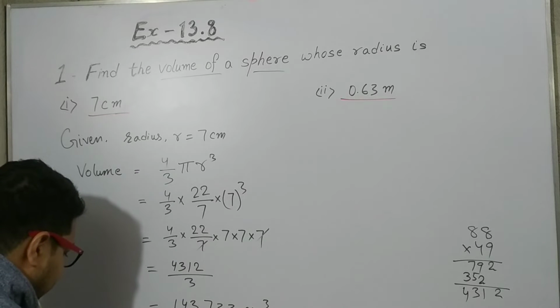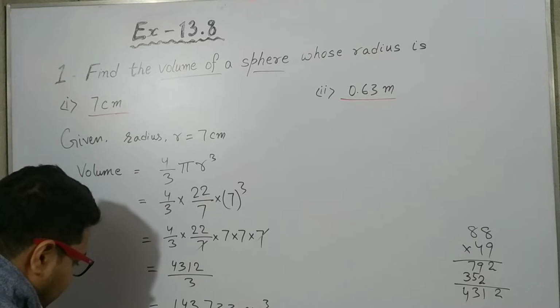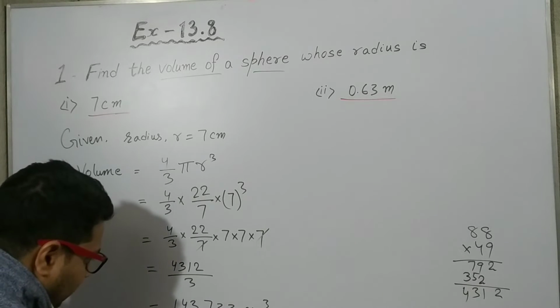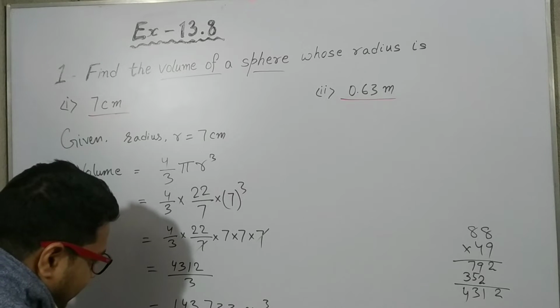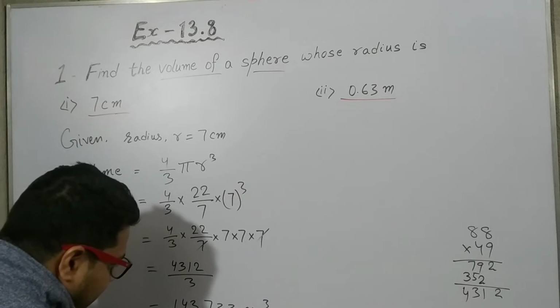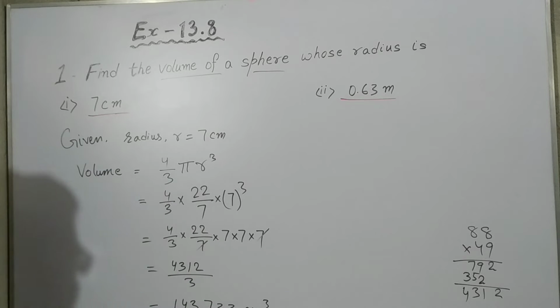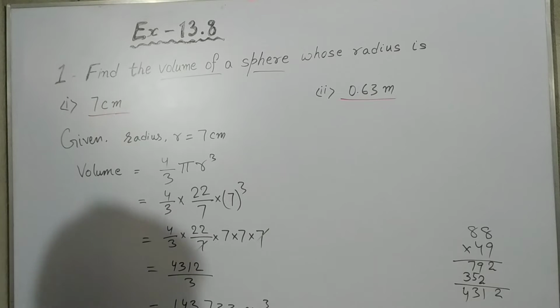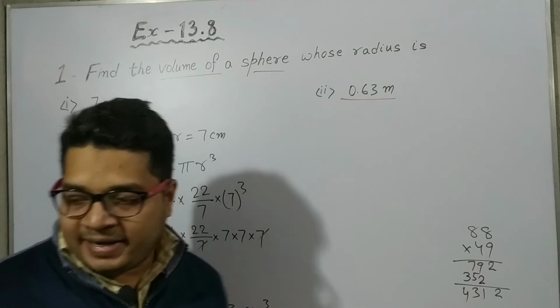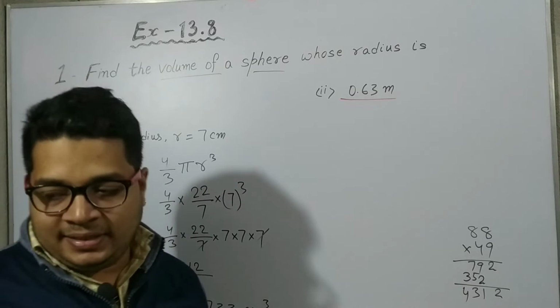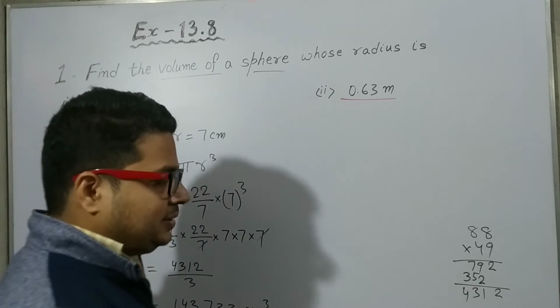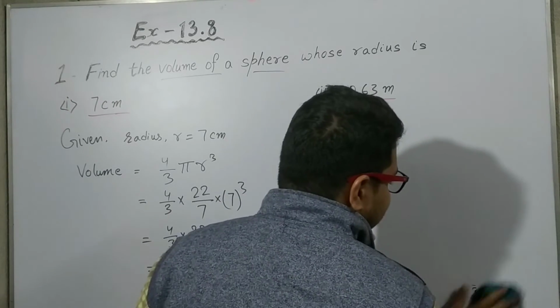Therefore you can write volume equal to 143.73 centimeter cube or cubic centimeter. This is your final answer. Very easy calculation. If you choose the correct formula which is applicable here, you can easily proceed with your calculation and reach the correct result.